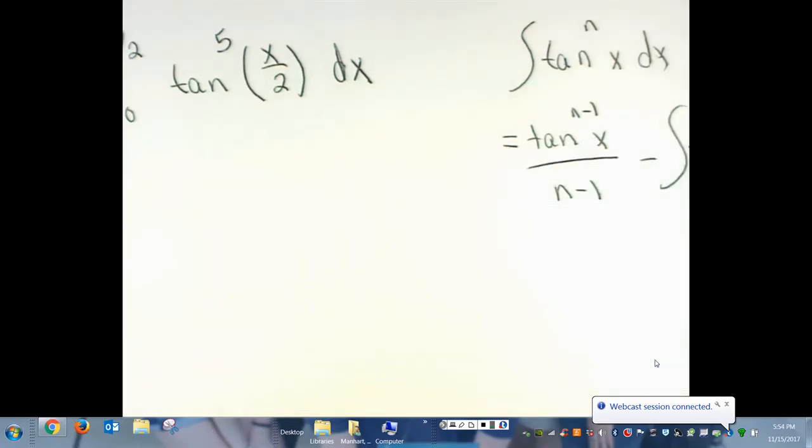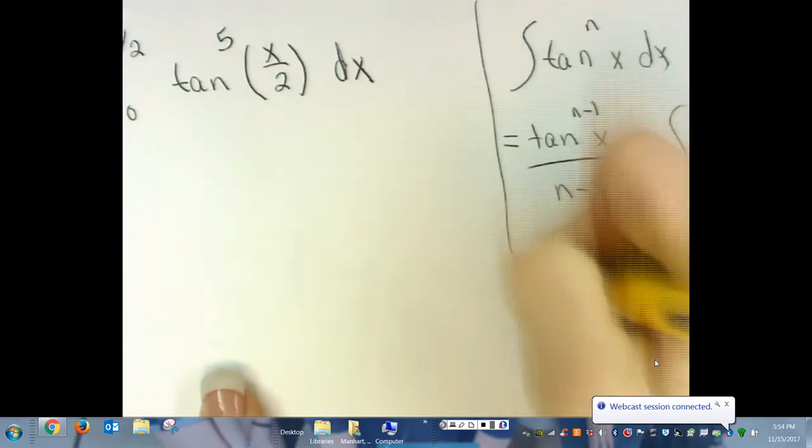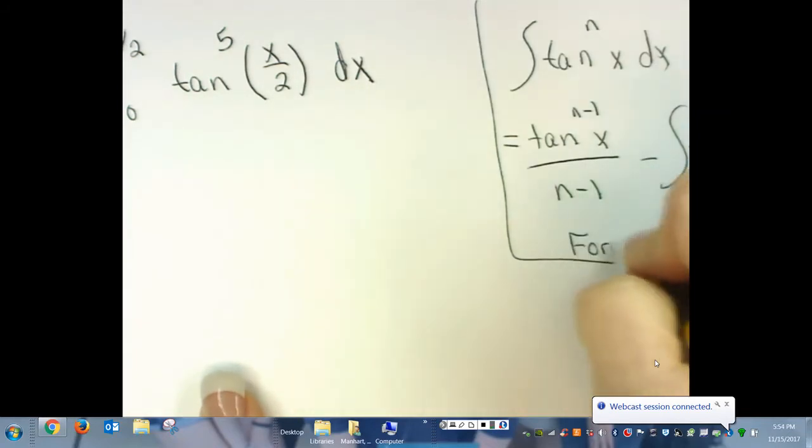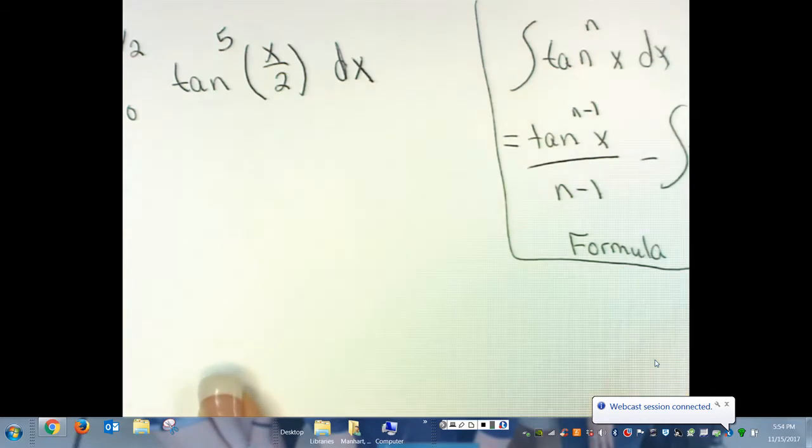And I believe it would look better if I put an actual box around that. So that's the formula for n greater than or equal to 2.